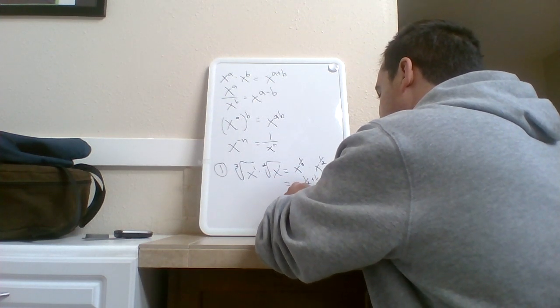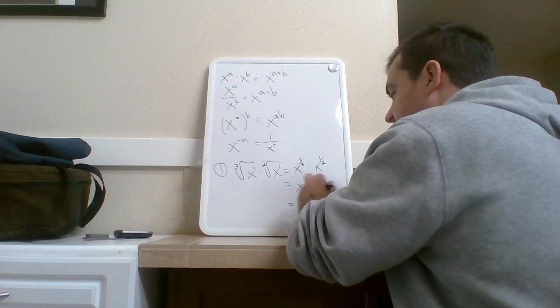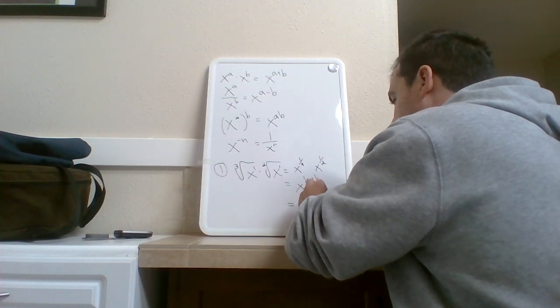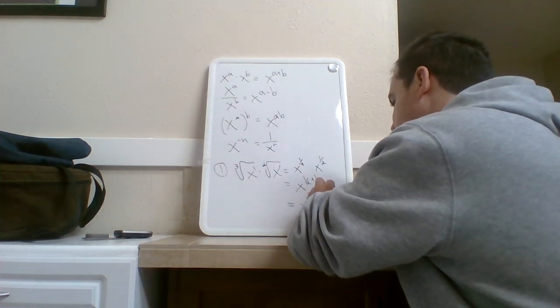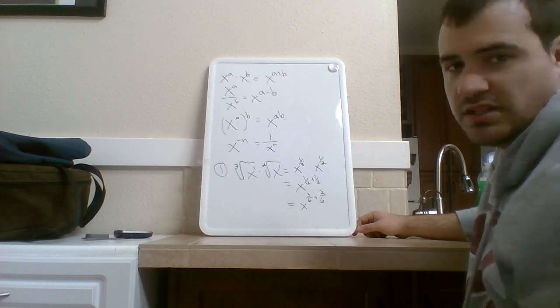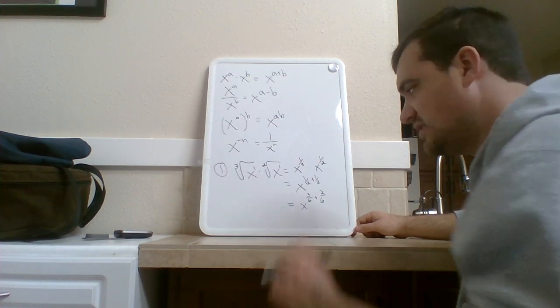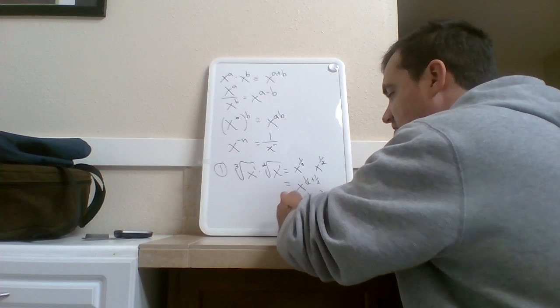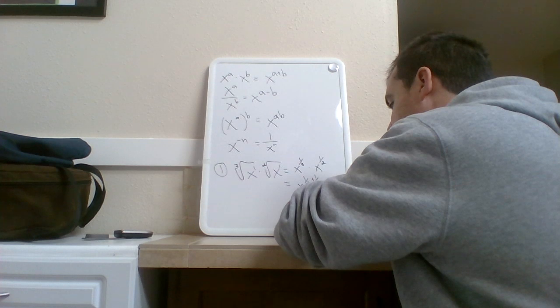What we're left with here is x to the, we change the 1/2 of the denominator to a 6, the top will become a 3. Plus here on the 1/3, if we change the denominator to 6, the top becomes a 2. So we have x to the 3/6 plus 2/6. Remember, when you add fractions, you just add the numerators, so we'll have x to the 5/6 power.